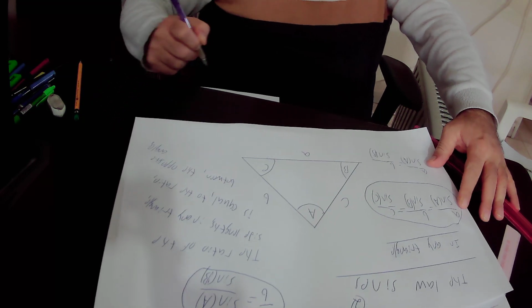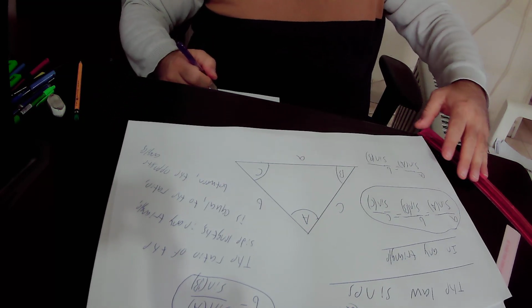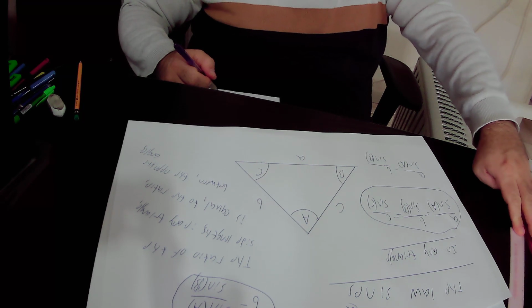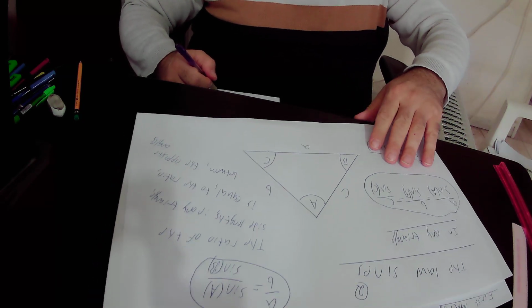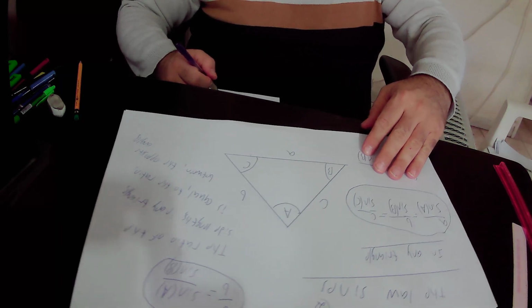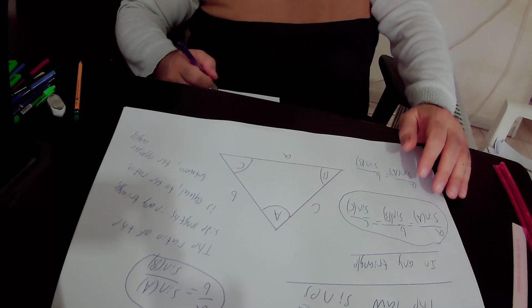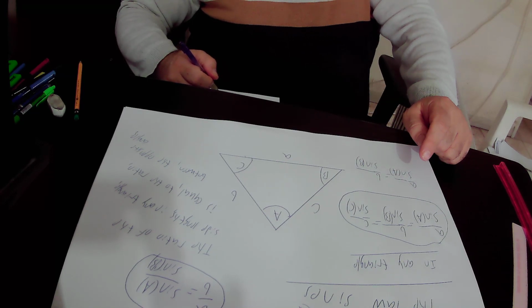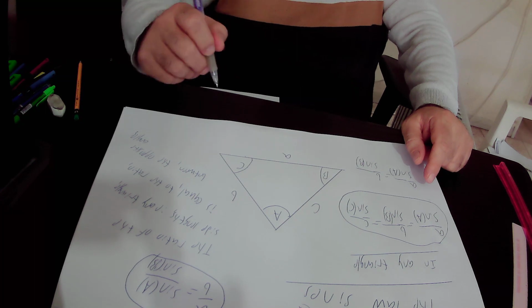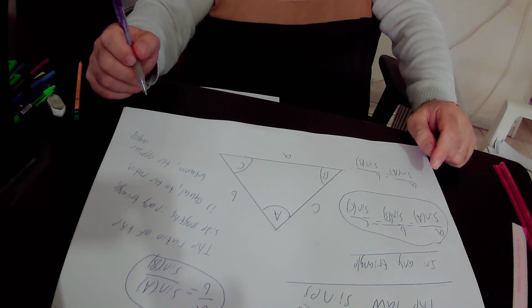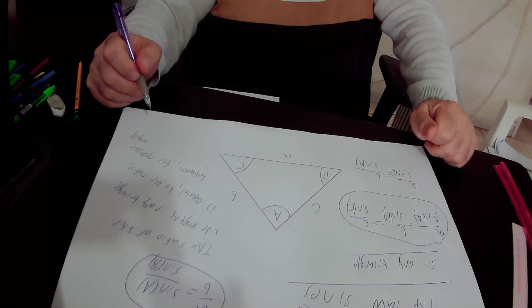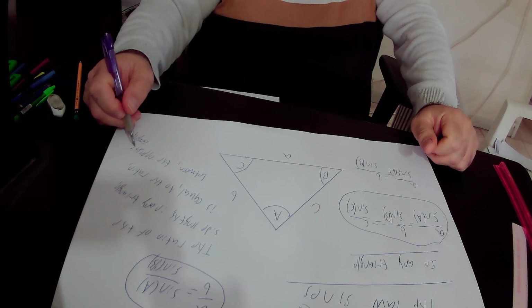I repeat again, the meaning of the formula that a over b equals sine A over sine B is that the ratio of the side lengths in any triangle is equal to the ratio between the opposite angles.